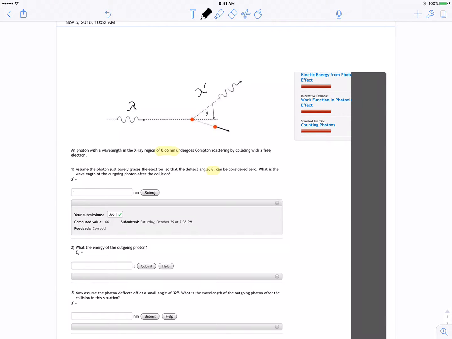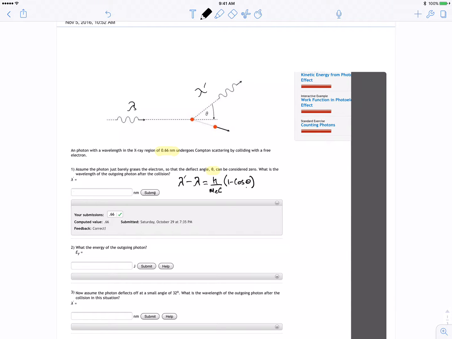What is the wavelength of the outgoing photon after the collision? The equation we'll be using is lambda prime minus lambda, where lambda prime is the scattered one after the deflection, equal to h divided by m_e c times (1 minus cosine of theta).